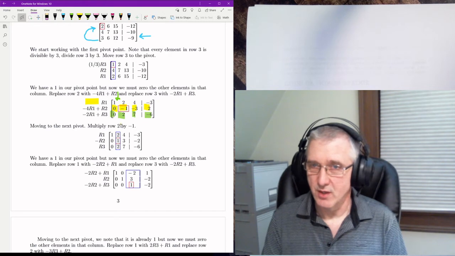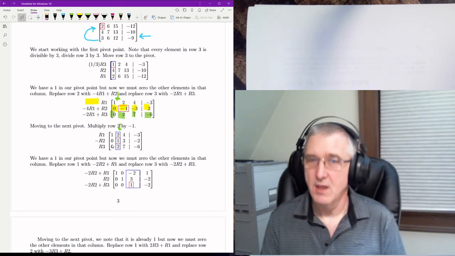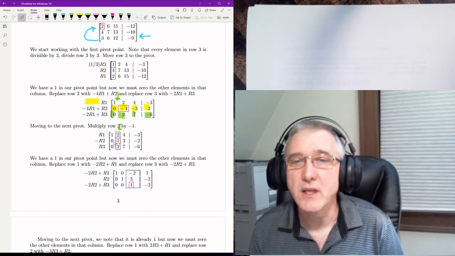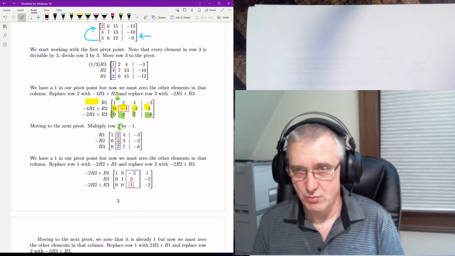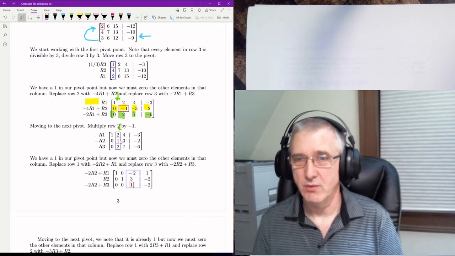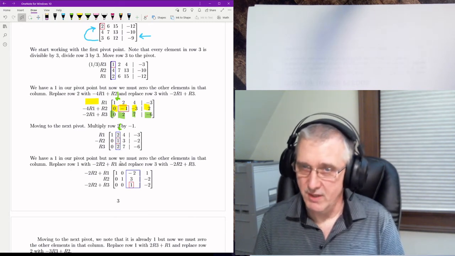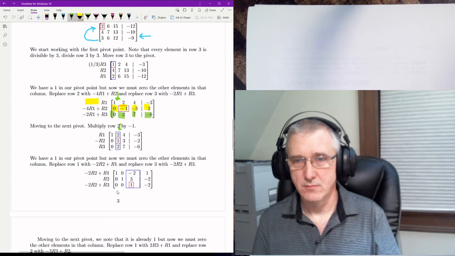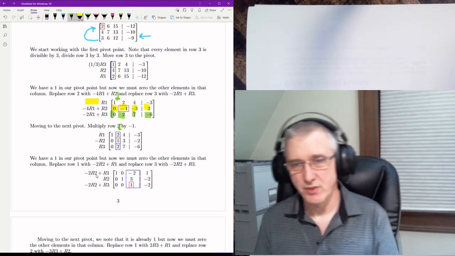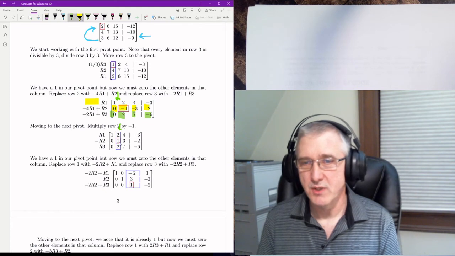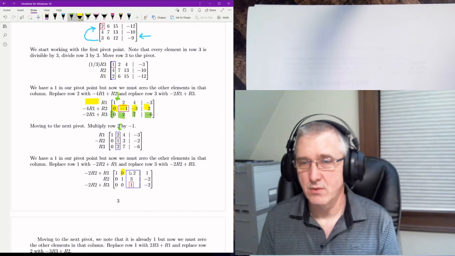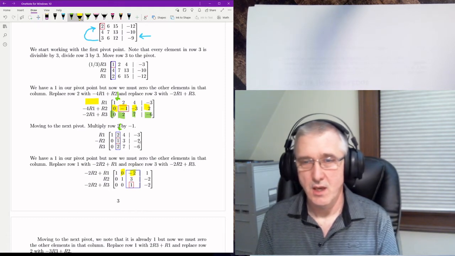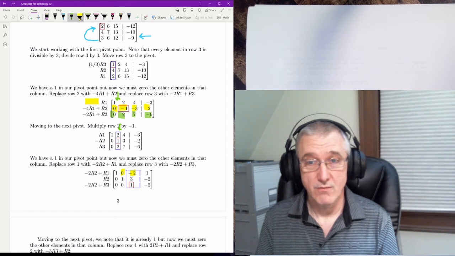We need to zero out the other elements in this column. We'll do that by multiplying row 2 by -2 and adding it to row 1, and multiplying row 2 by -2 and adding it to row 3. That's what we're indicating here. So we have -2 row 2 plus row 1. -2 plus 2 is 0. -6 plus 4 is -2. 4 minus 3 is 1.